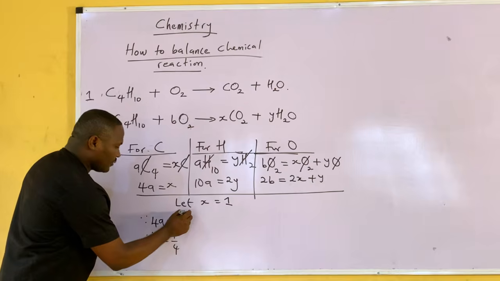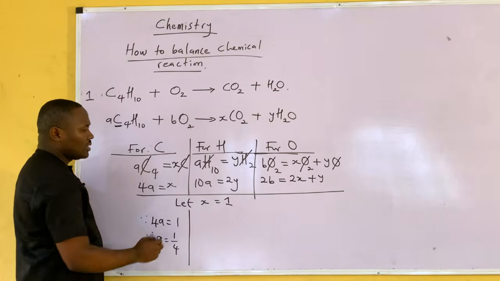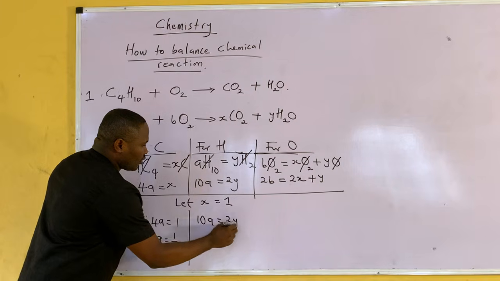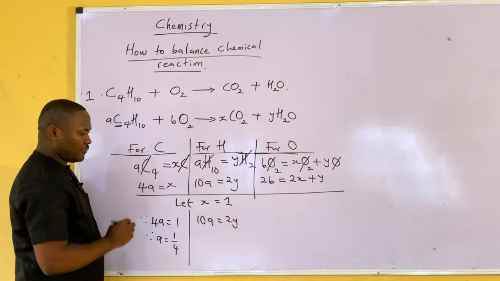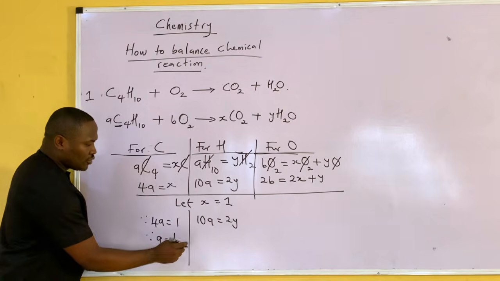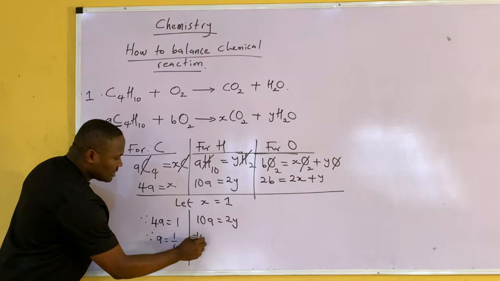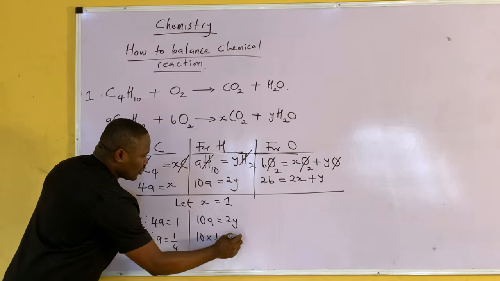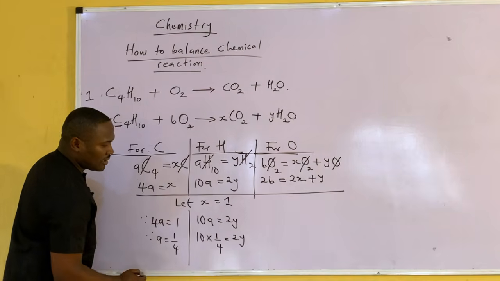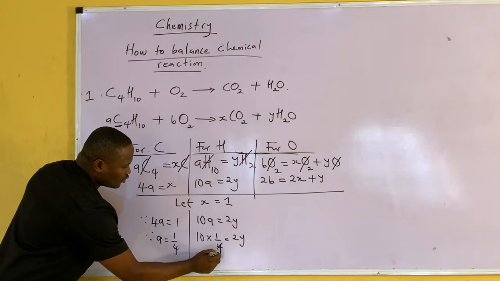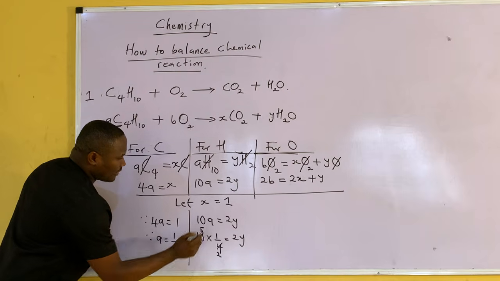For the next one, I have 10A equals 2Y. Remember my A is 1 over 4. So 10 times 1 over 4 equals 2Y. That means, 2 and 10 simplify, giving 5 over 2.